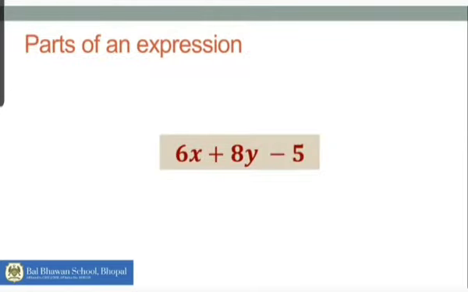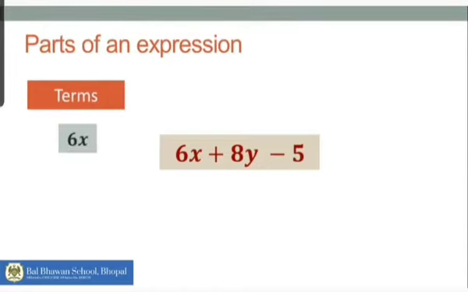Now, what are the parts of an expression? Let us take an example of this particular expression: 6x + 8y - 5. You can see this entire expression is made up of a constant, that means only numbers, variables, and operations. Each operation is used as a separator for the terms.